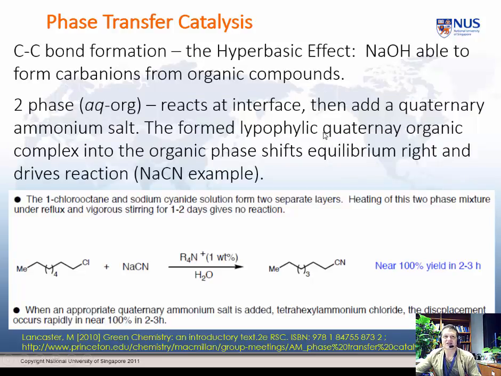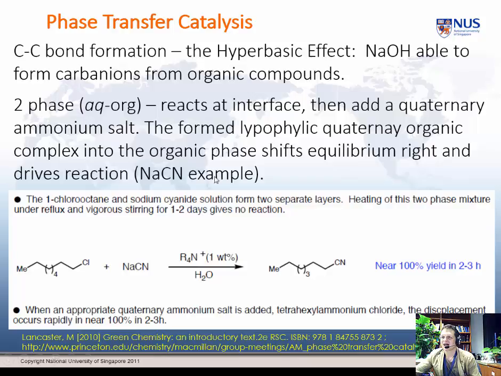The other use of phase transfer reactions is something called the hyperbasic effect. It goes on really with thinking about carbon-carbon bond formation. Sodium hydroxide, you wouldn't think a dilute solution of sodium hydroxide would be able to form carbanions from organic compounds, but actually by the hyperbasic effect it can.